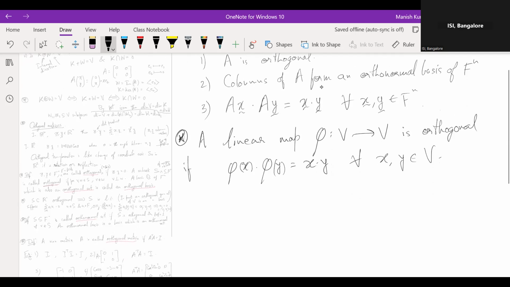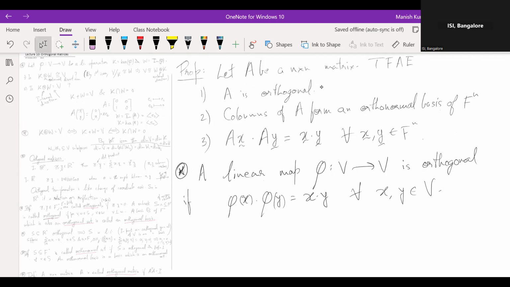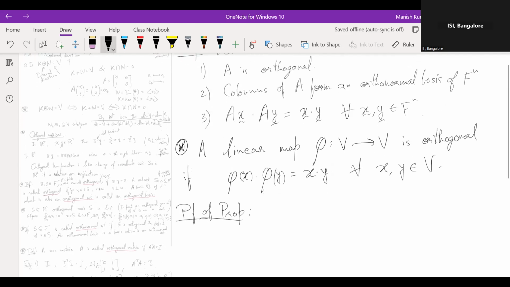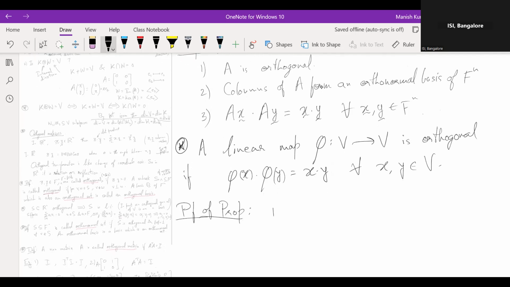Let's see a proof of this proposition. This is not difficult, more or less straightforward. It's just analyzing what it means. One implies two. We are given that A is an orthogonal matrix, so A transpose A is identity.